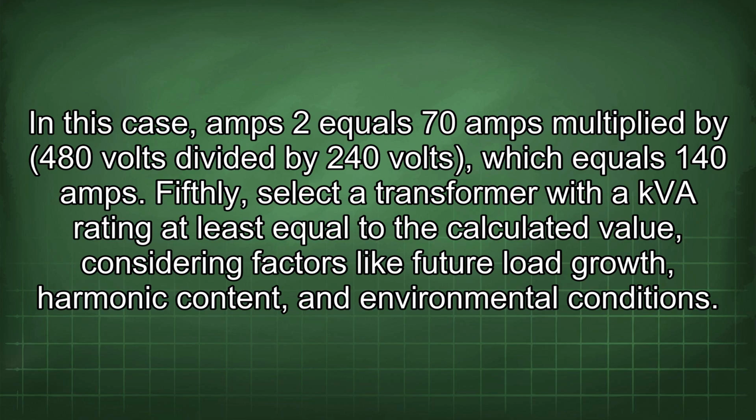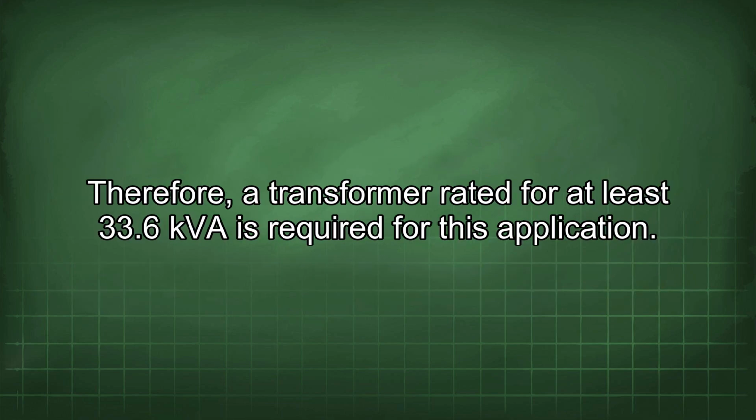Fifthly, select a transformer with a kVA rating at least equal to the calculated value, considering factors like future load growth, harmonic content, and environmental conditions. Therefore, a transformer rated for at least 33.6 kVA is required for this application.